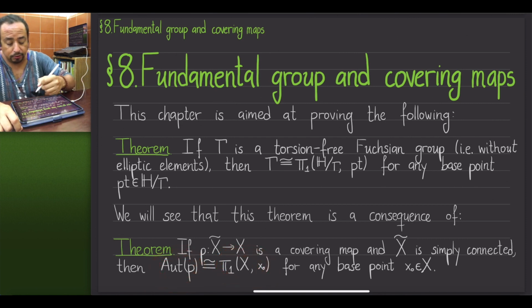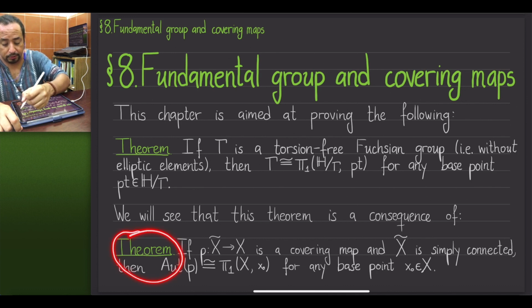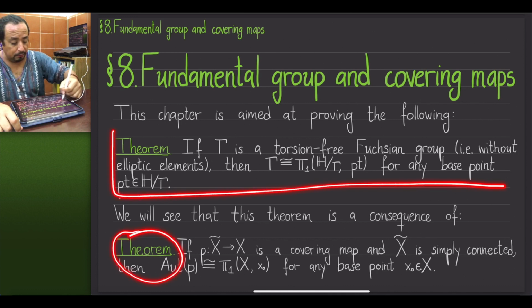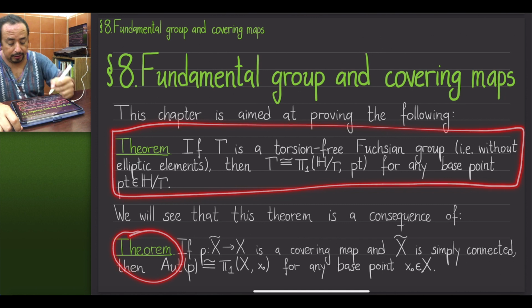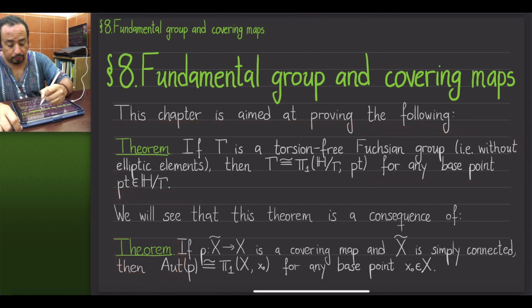And the way we're going to use this theorem is that we're going to realize our torsion-free Fuchsian group as the group of deck transformations of the simply connected cover H goes to H modulo the action of gamma.